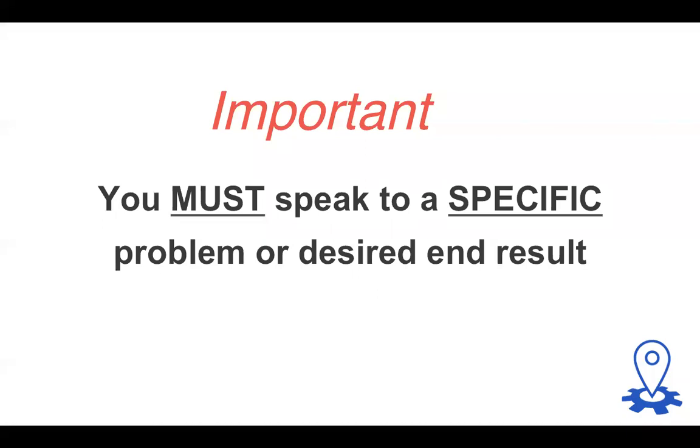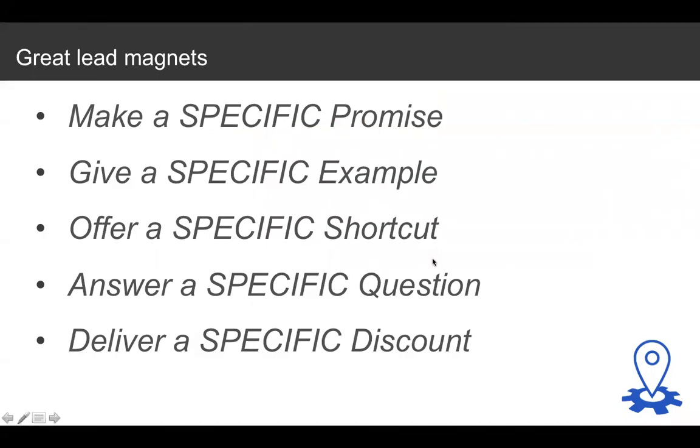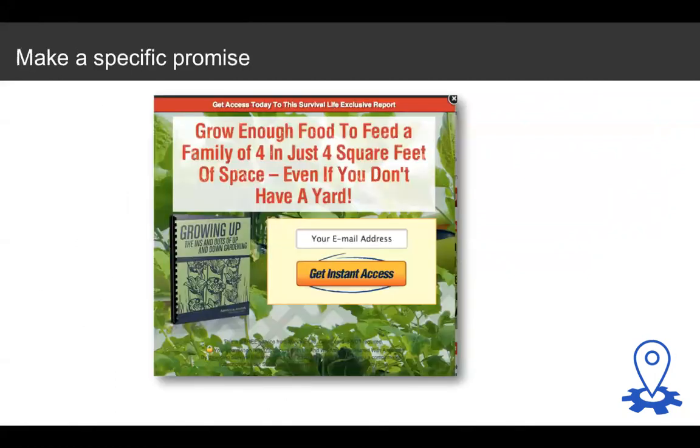It has to be really in congruency with what you actually offer. Good lead magnets make a very specific promise, or give a specific example, or offer a specific shortcut, or answer a specific question, or deliver a specific discount. Specificity is very important.